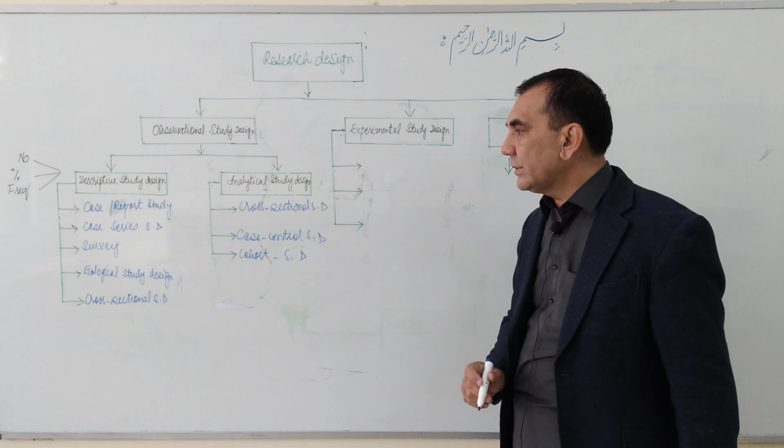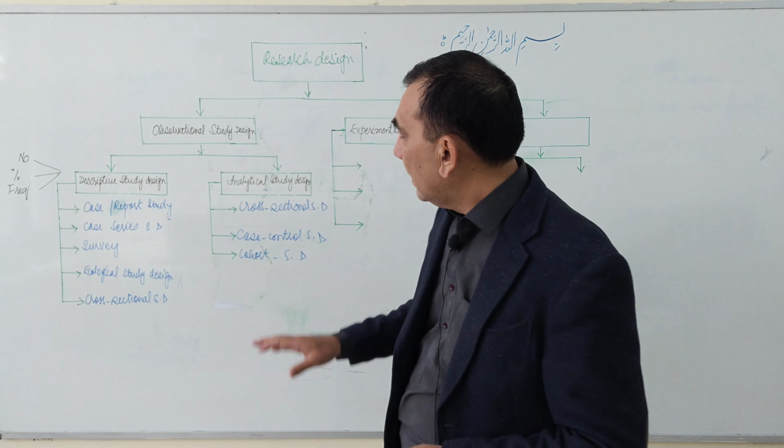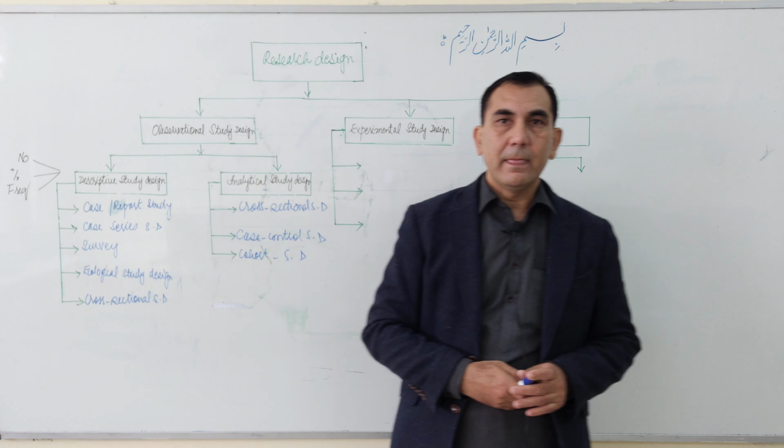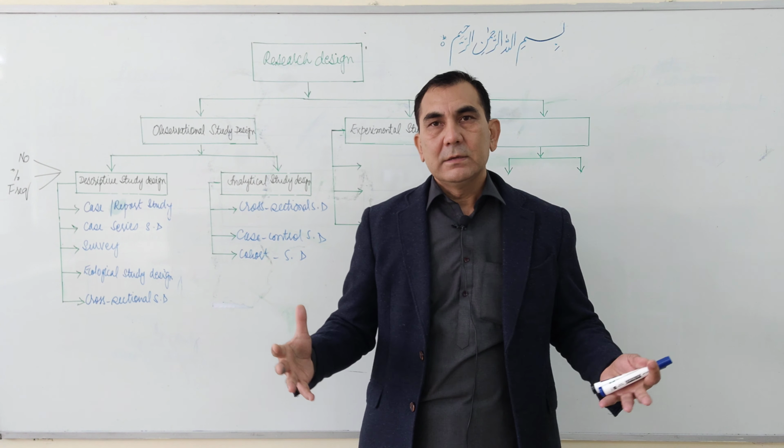Now the second type of analytical study design is called case control. In case control, for example, if you go to Noori hospital, from the Noori hospital you select 20 patients of oral cancer, and then you go back retrospectively to find out the risk factors of the cases of oral cancer.